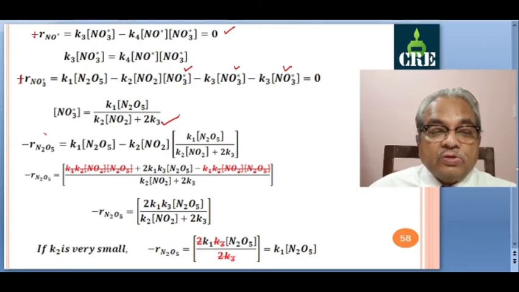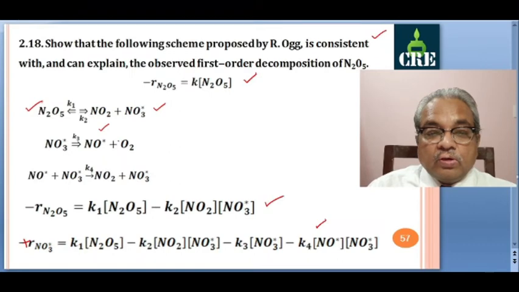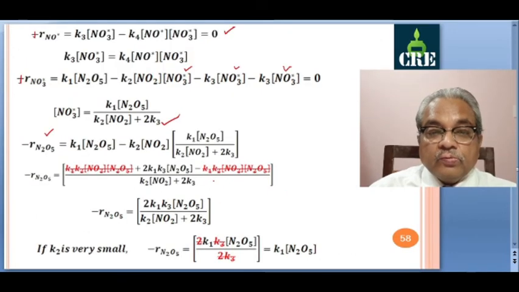Rate of disappearance of N2O5 is K1 into concentration of N2O5 minus K2 NO2 into NO3 star. So minus K2 NO2 here into NO3 star, this complete term I have substituted here.